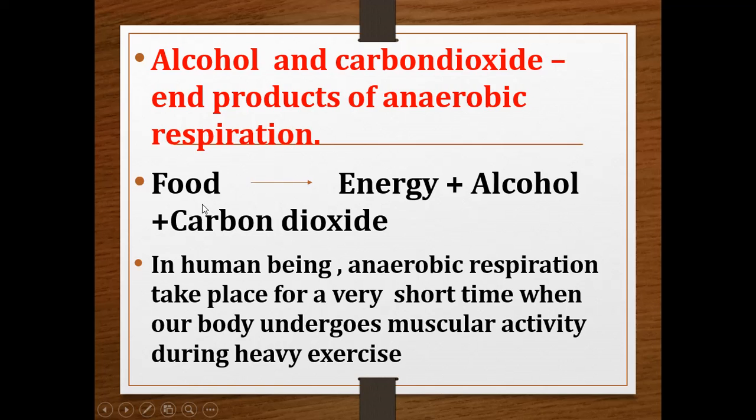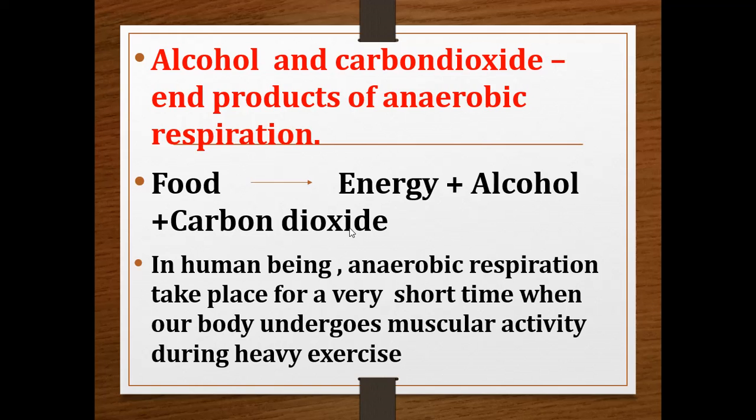Okay, so here you can see the flow chart. Food gets converted to energy plus alcohol plus carbon dioxide. So food breaks down into energy, alcohol and carbon dioxide. Yeast and bacteria are some organisms that breathe anaerobically.